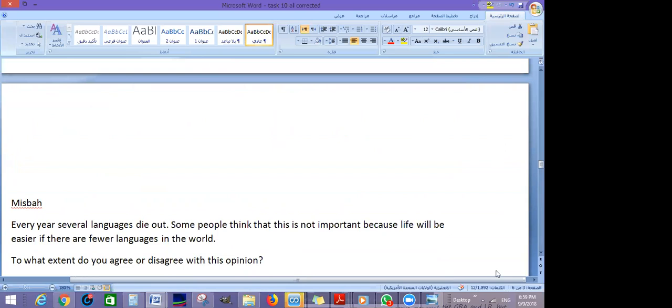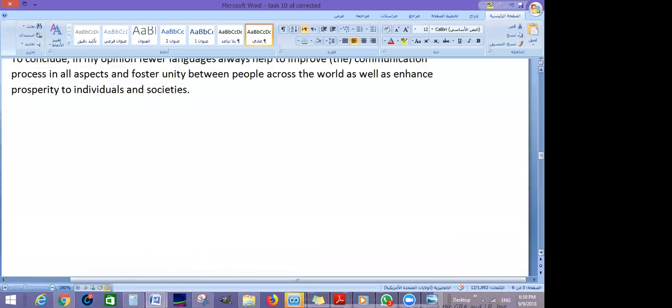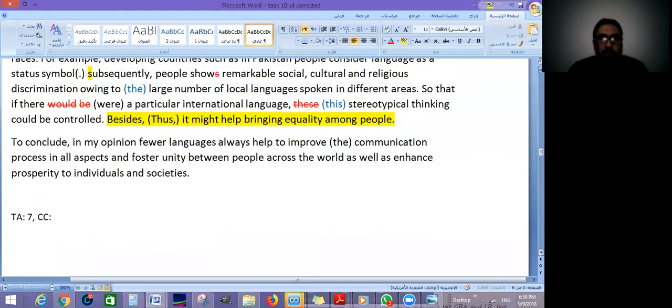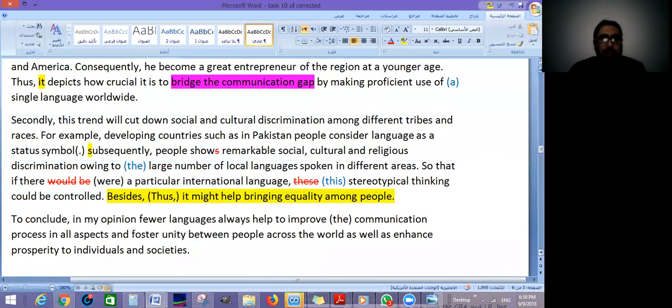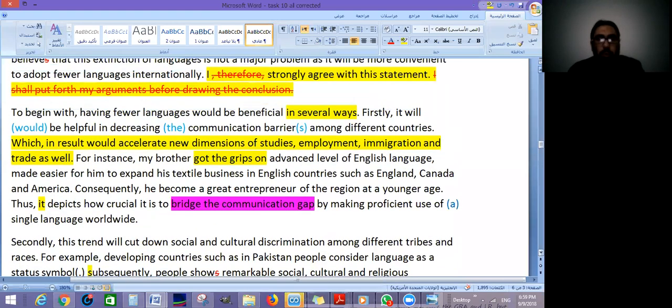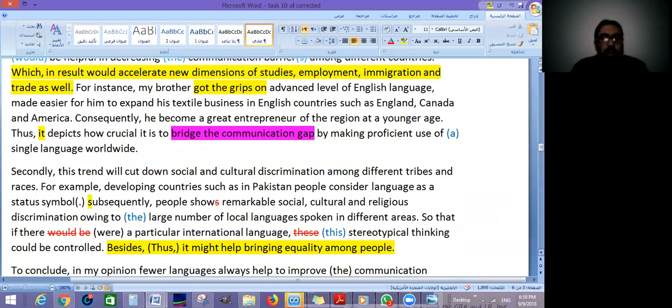Sir, can you kindly tell me how much band my essay deserves? I just want to know. Okay, I did like it. For task achievement, I don't have a problem because you stayed consistent. But because of the faulty topic sentence and linkers and so on, I think it would be difficult to give a band 7 for coherence and cohesion.